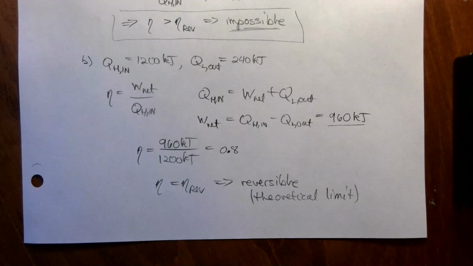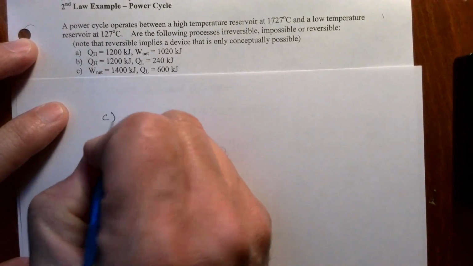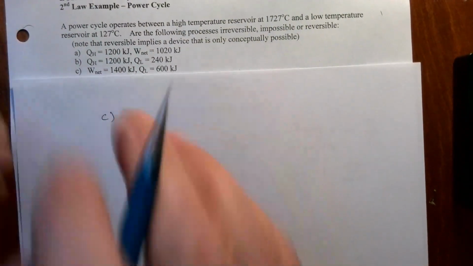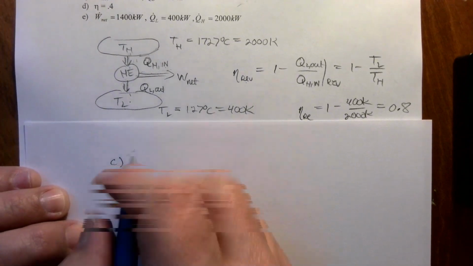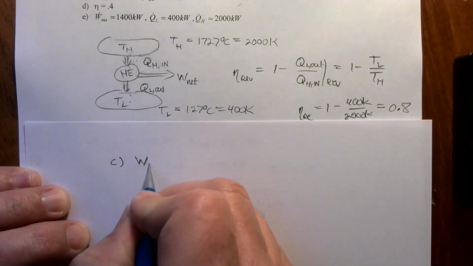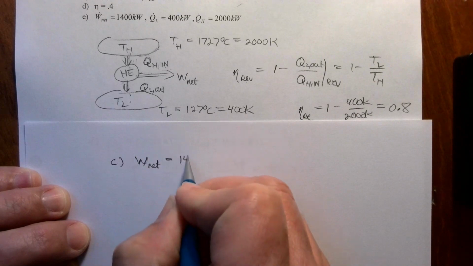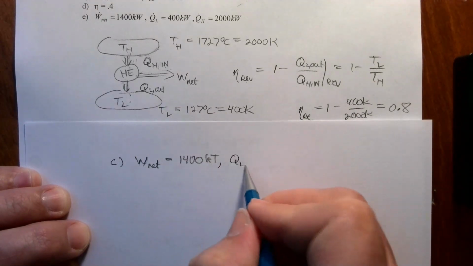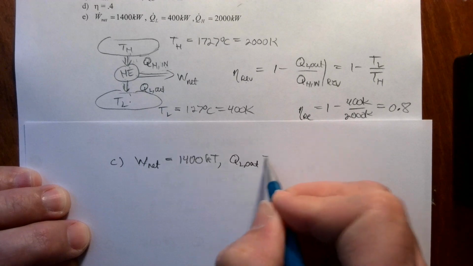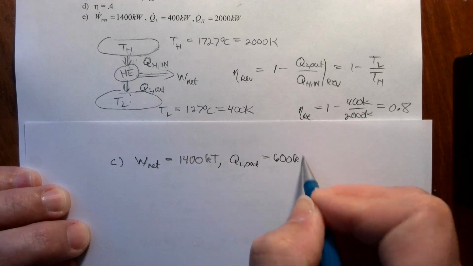Okay, so now let's look at part C. Actually, let's still keep our graphic there. Part C says W net is equal to 1400 kilojoules. QL out is equal to 600 kilojoules.